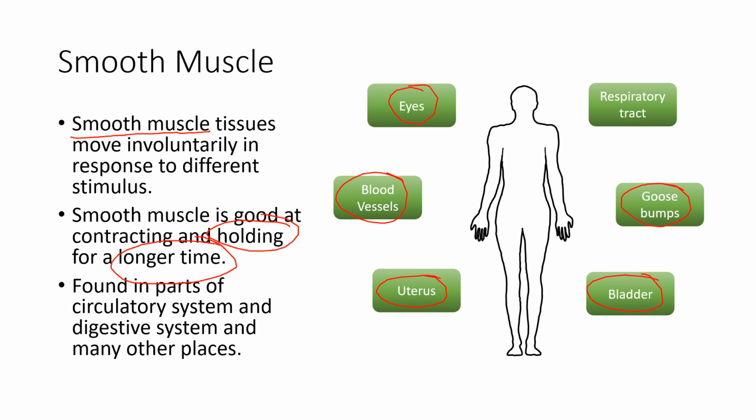There's smooth muscle attached to the hair follicles, and when they contract, they can stand up and give you the goosebumps. Our respiratory tract and our digestive tract have smooth muscle that lines those linings. When you swallow, that smooth muscle pushes the food down your esophagus and so forth. So smooth muscle is found all sorts of places around the body, good at contracting and holding over time.